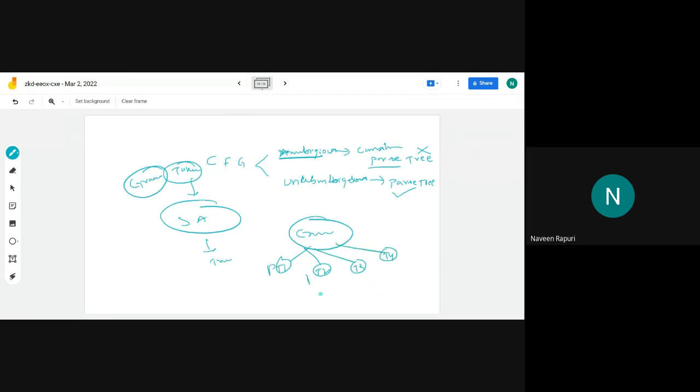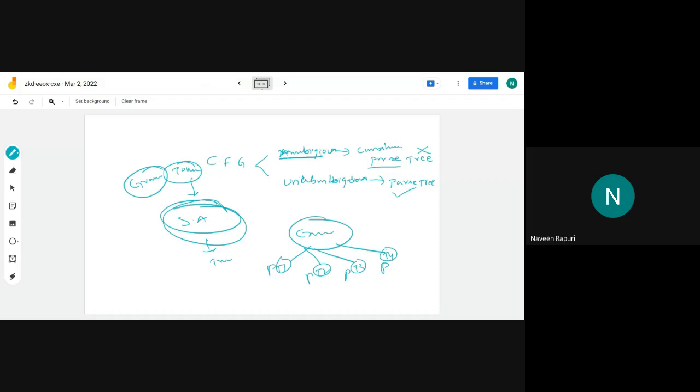Which parse tree has to be recognized by the syntax analyzer? That is the confusion. That's why we need to check before going to construct a parse tree.